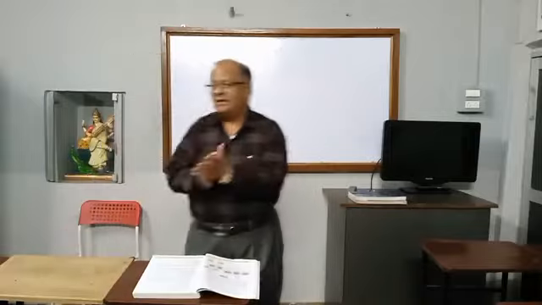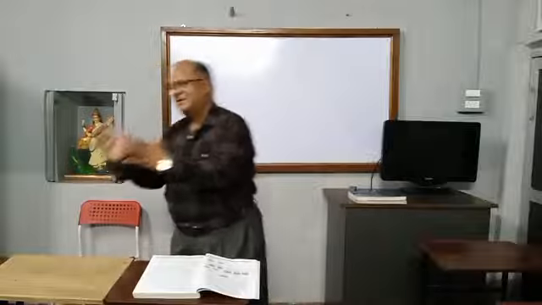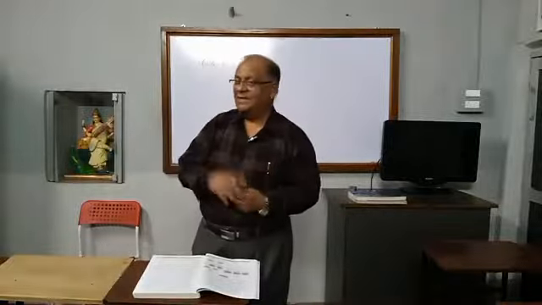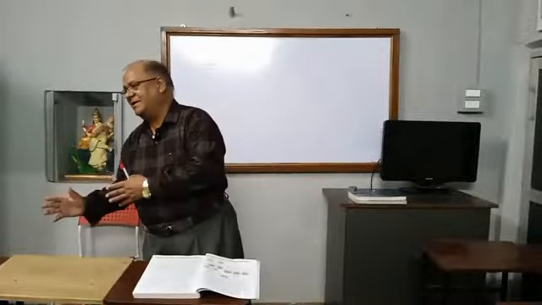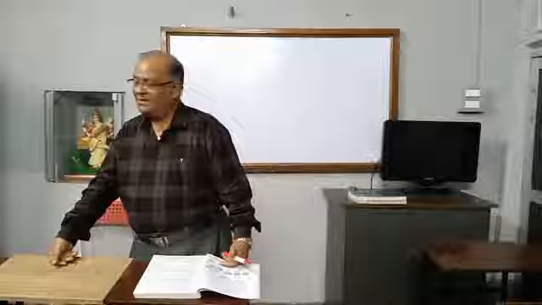Every debit must have a corresponding credit, and every credit has a corresponding debit. Debit has a credit, credit has a debit, because debit and credit are good friends. Without debit, credit can't live. Without credit, debit can't live. Therefore, in each and every transaction there are 2 aspects, debit aspect and credit aspect.